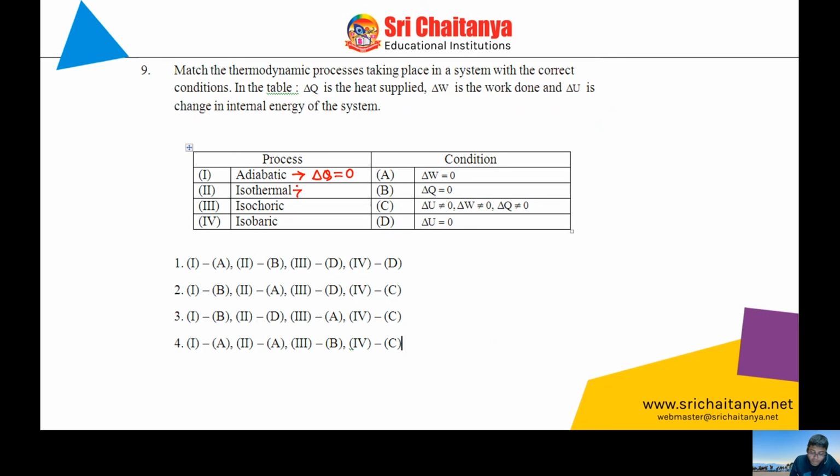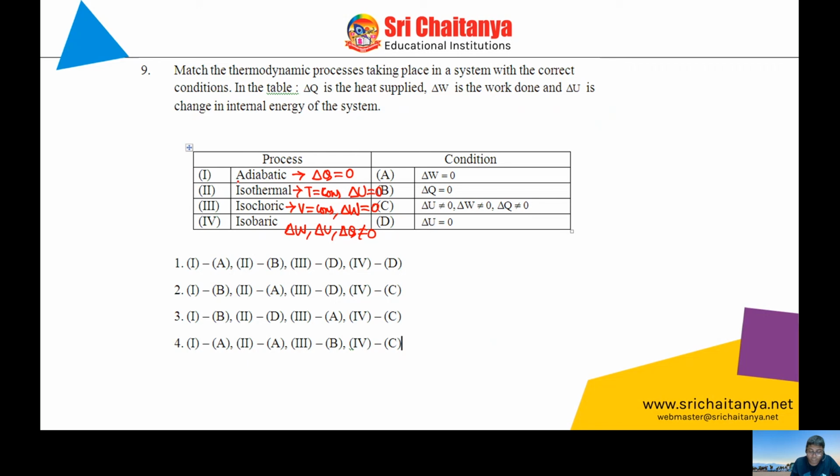Isothermal is when the temperature is constant, so that simply gives us delta U equal to 0. And for an isochoric process, the volume is constant, so work done by the gas will be equal to 0. And for an isobaric process, neither delta W nor delta U nor delta Q will be equal to 0.